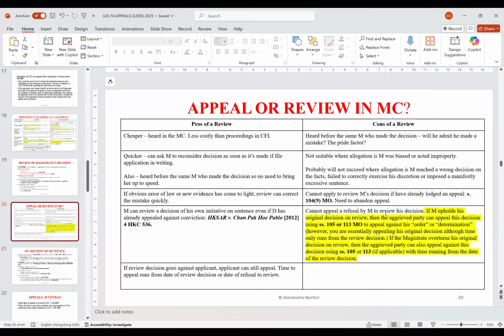If the magistrate hears your review application and overturns his original decision, then that new decision can, of course, be appealed by whichever party is aggrieved with it. And time starts to run from the date of that review decision. But just remember, if he says, no, I'm not hearing your application for a review, you can't appeal his refusal. You'd have to appeal his original decision.